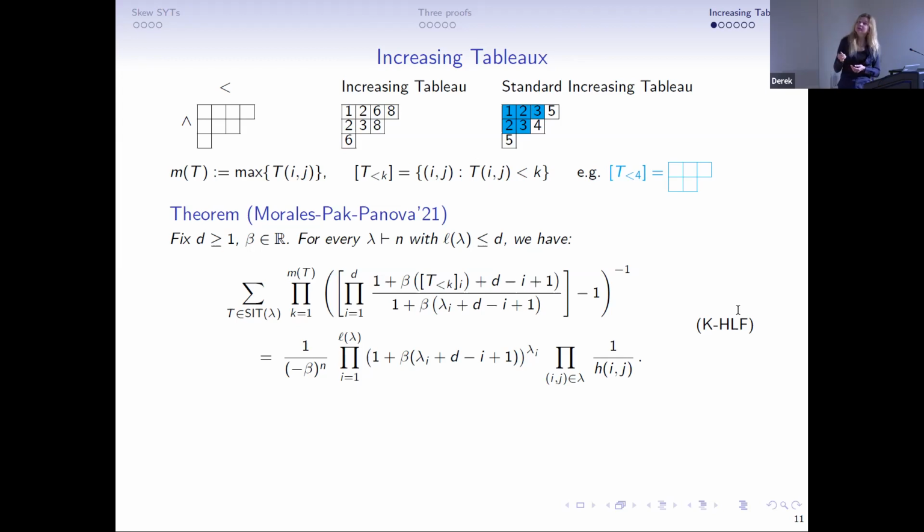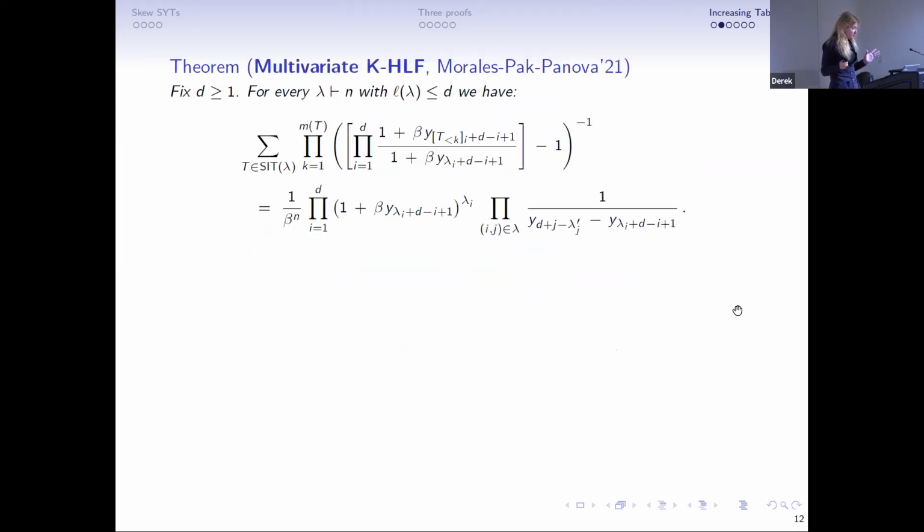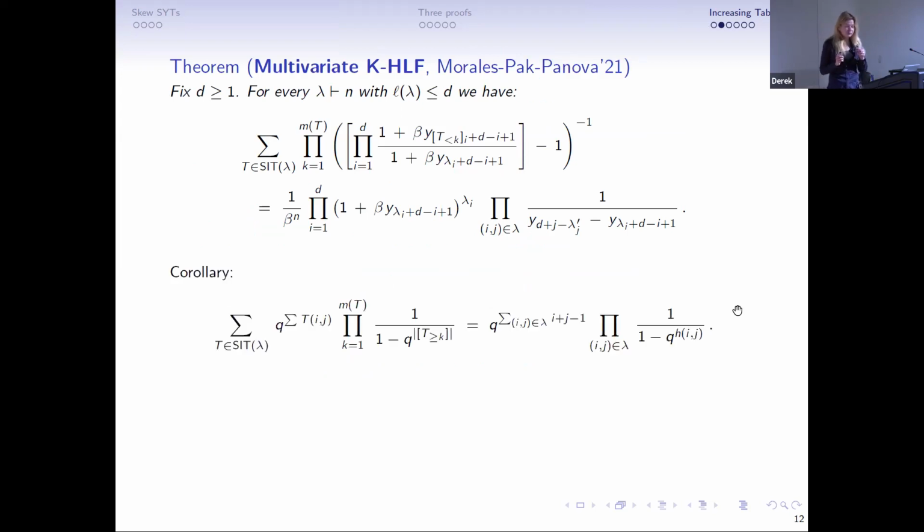On the other end, we have a product formula with the hook lengths and some other factors. Okay, so what does this mean? So here is a more general formula with some formal variables. Again, it looks very hairy, but here is a specialization that maybe you can actually prove if you're bored. So you can try to prove this directly.